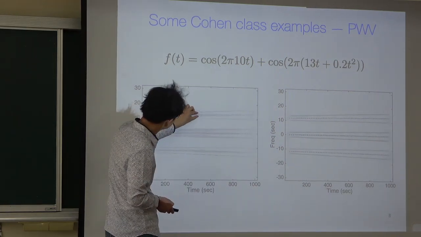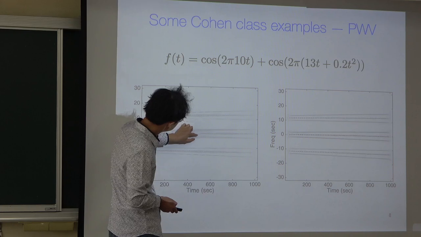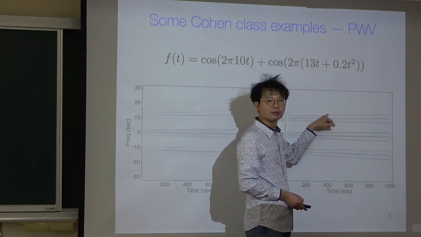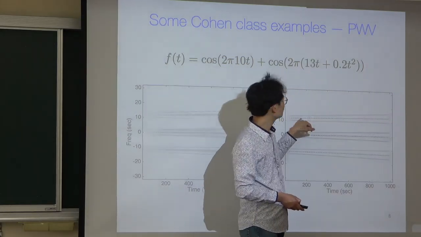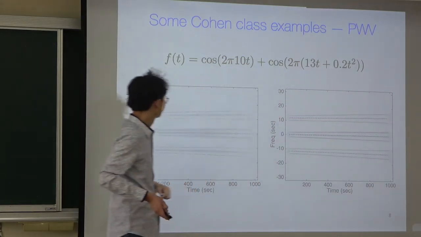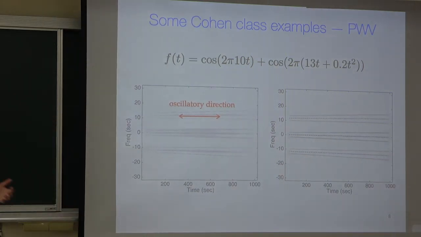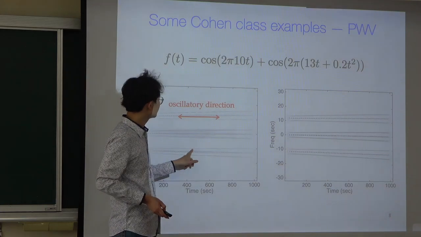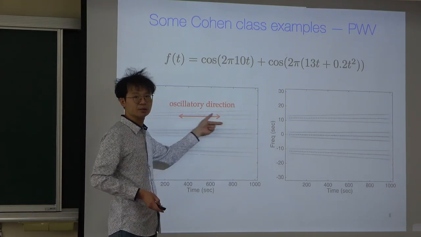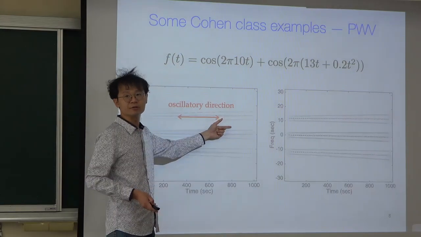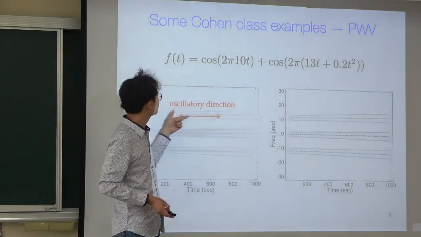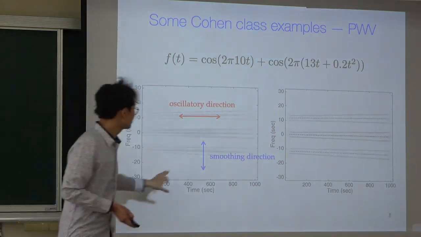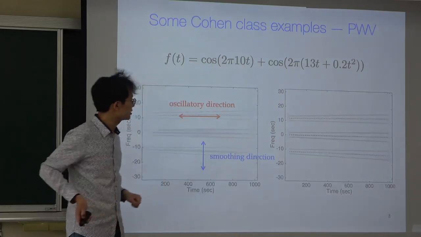The frequency axis blurring is somehow eliminated, but in the time axis, it is not eliminated. You can still see some pattern. So why? Because the oscillation pattern is not only in the frequency axis, but also in the time axis. And in pseudo-Wigner-Ville distribution, you do not cancel the time axis. So you can also consider smoothing the frequency axis.